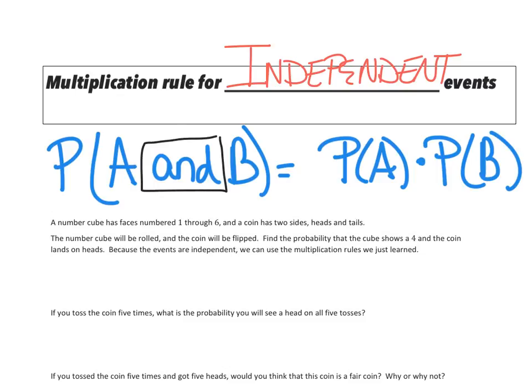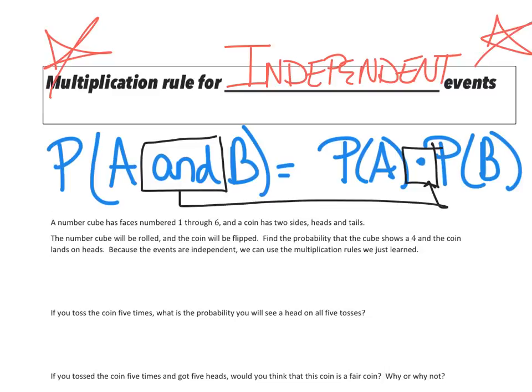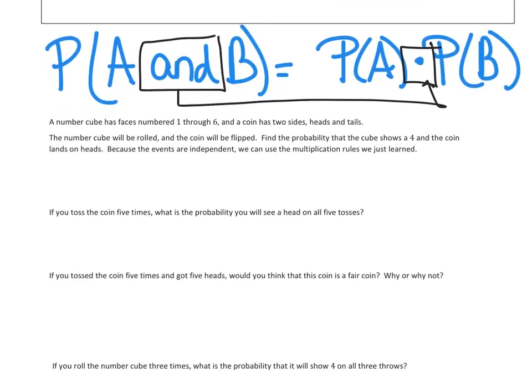This "and" means to multiply. But this only works, I can't stress enough, if the events are independent, if one event does not affect the other one from occurring. So our key is that when we see "and," we're going to multiply as long as these events are independent.